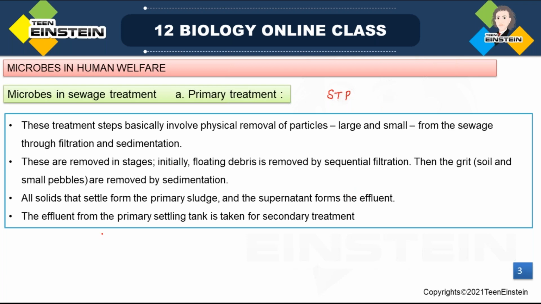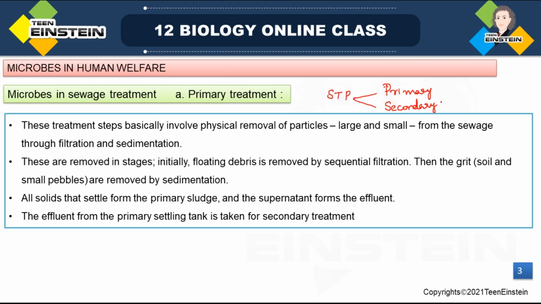Okay, first is the primary treatment and second is the secondary treatment. Got it? Primary treatment and secondary treatment.